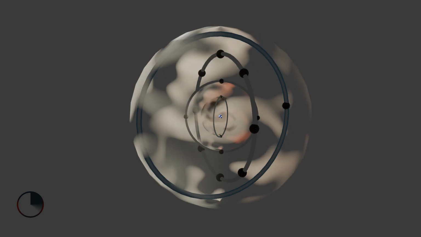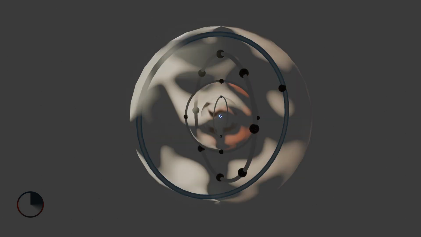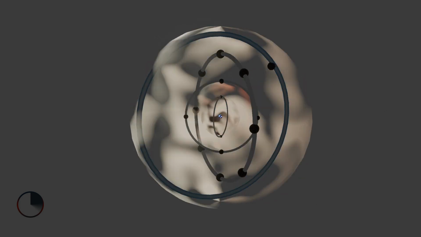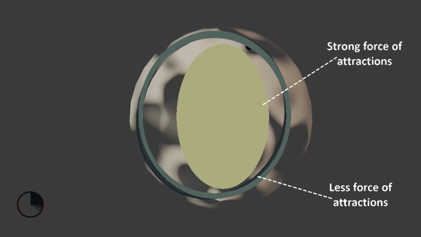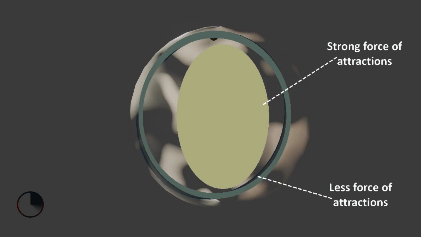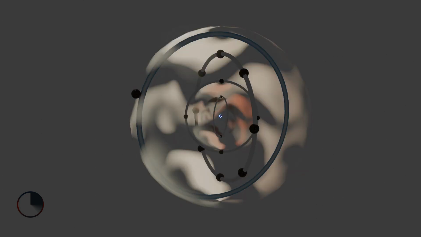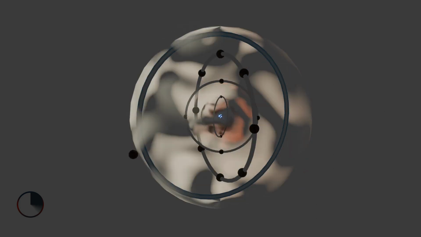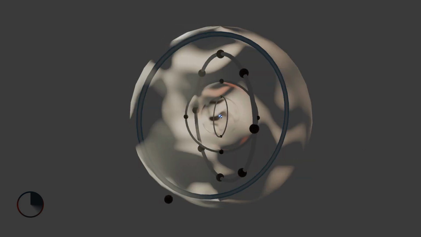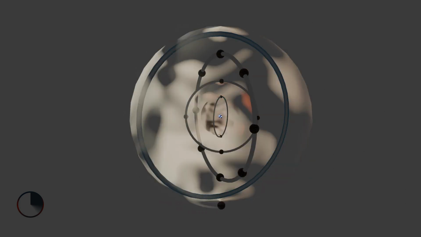Now, the electrons in the orbits that are closer to the nucleus tend to have a strong force of attraction. This force of attraction is due to the negative charge value, and it will be very difficult for an electron in such an orbit to move freely within the orbit, or to move to another atom.